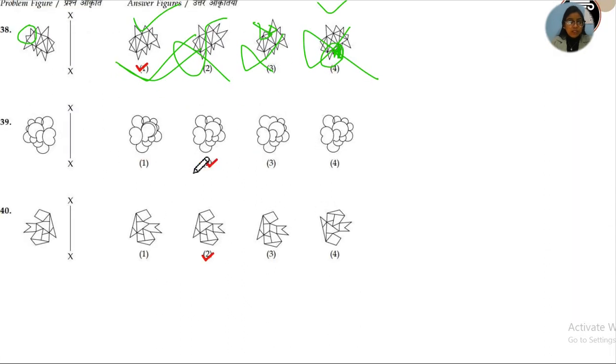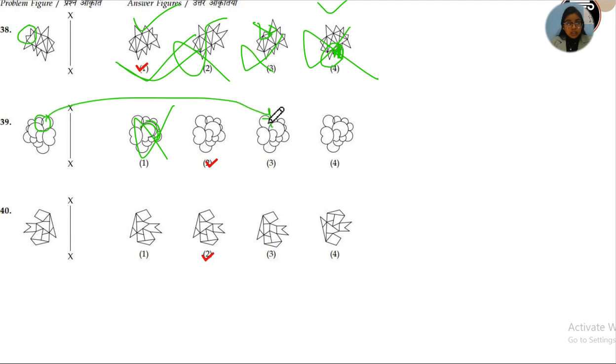Look over here. Same, you have to find out some minor changes. Look, option number A. See, they have drawn 2 lines over here, so this is wrong. And option number B is correct. And option number D, see, this part is not getting matched over here.